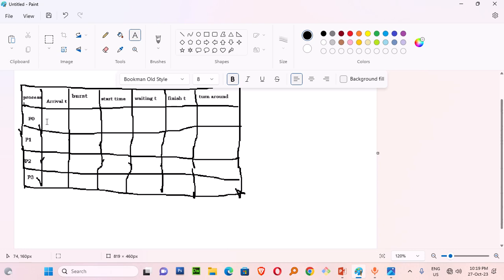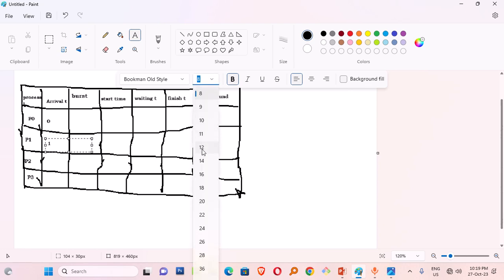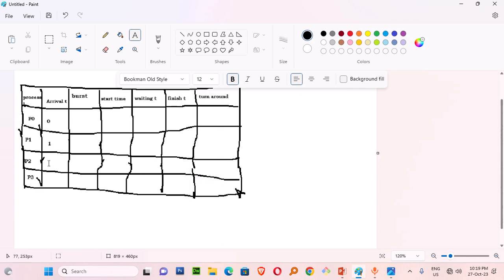In the previous example we saw that P0 was assigned arrival time 0, this one was assigned 1, this one was assigned 2, and then P3 was assigned 3.